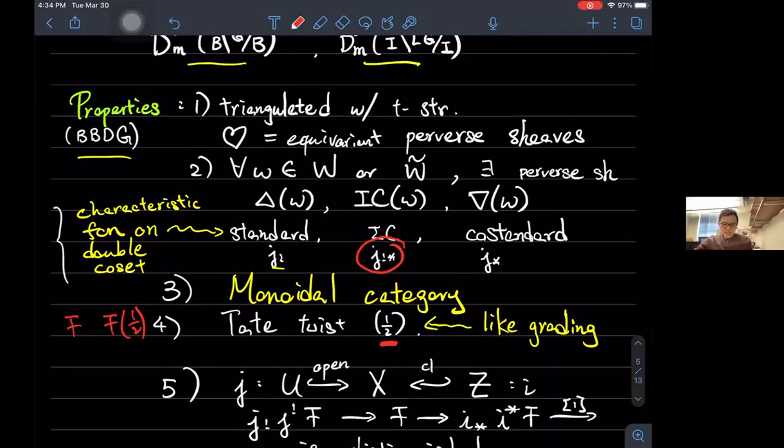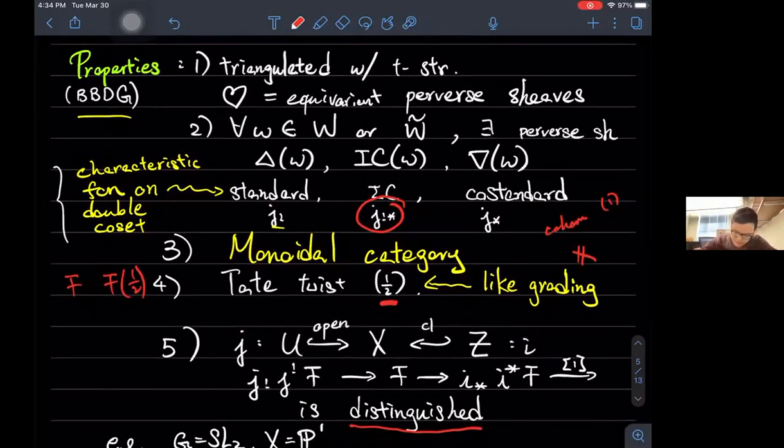But this grading is not the same as the cohomological grading. Usually when you think about a derived category, it's like some chain complex, and you want to shift to the left or right. But this Tate twist is more like the object-wise in the chain can move up and down.